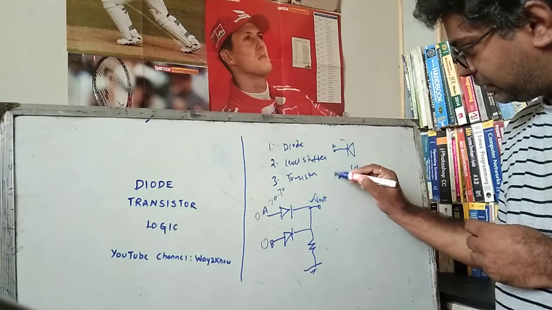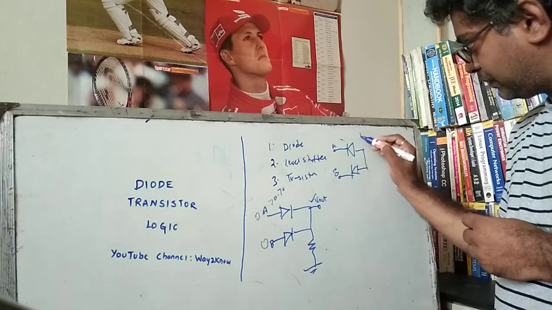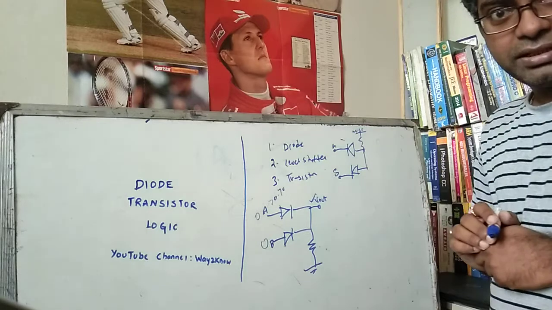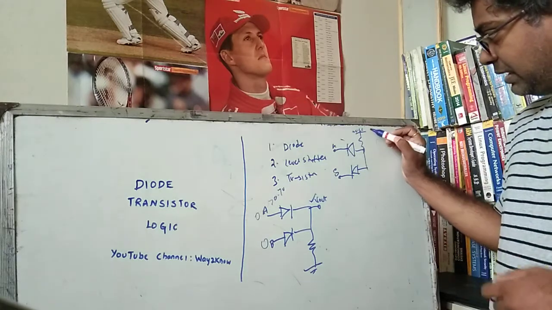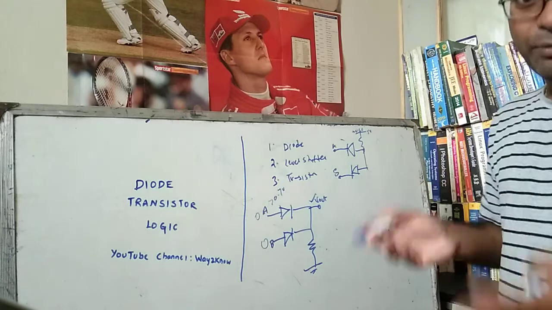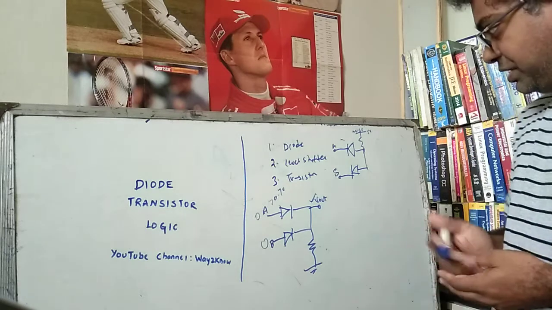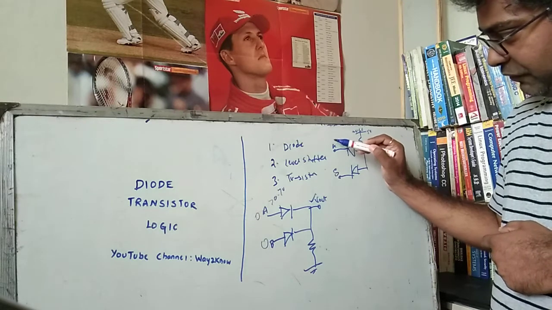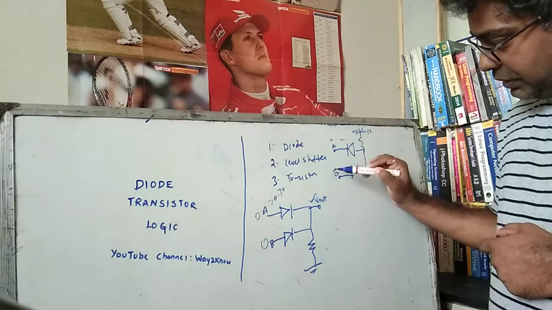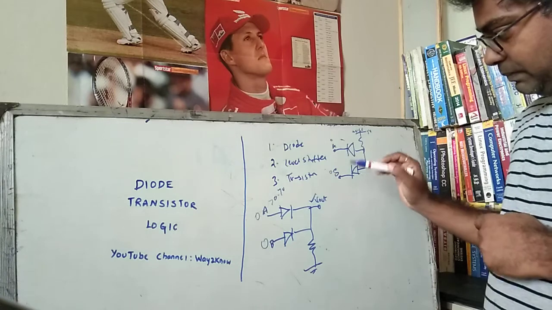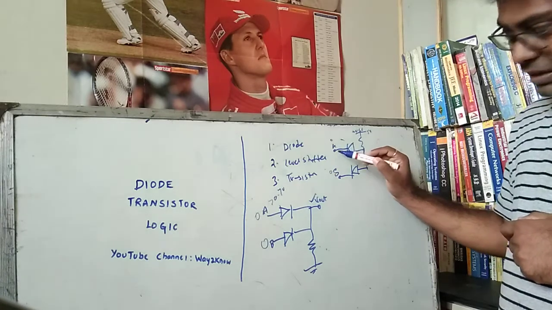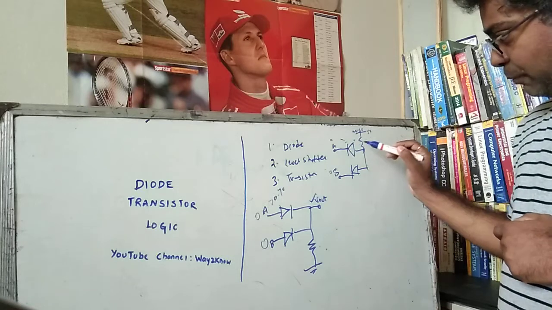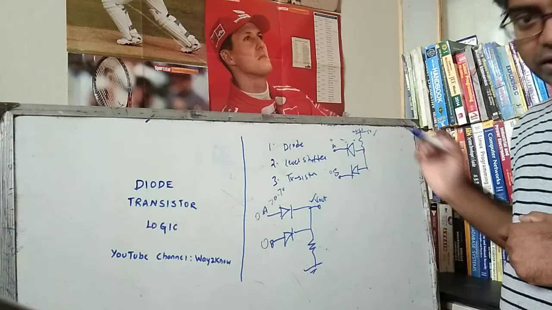This is A, this is B, and if you have a power supply here, let us assume we give a power supply of 5 volts or 3.3 volts based on the logic condition. Now, if you give 0 0 here, 0 means on the negative side of this diode there is a low voltage, and on the positive side of the diode there is a high voltage because of this rail.